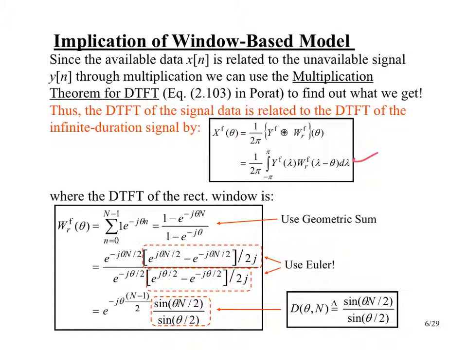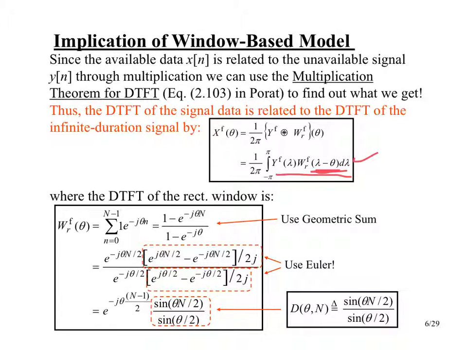So we're just doing this convolution here. We're rewriting each in terms of this function lambda, and we're flipping and shifting. Now, technically, this should be done the other way around with theta minus lambda, but the DTFT of this has some symmetry, so it doesn't really matter.